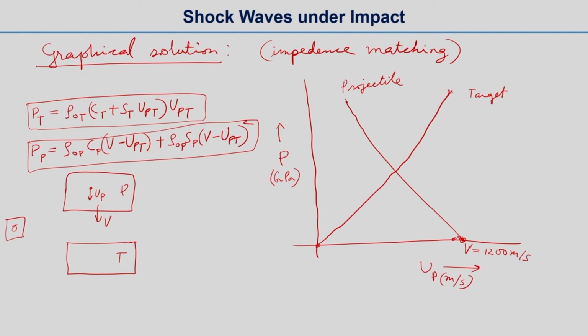For the projectile, when UP increases, the pressure will decrease, and for the target, with UP the pressure will increase. So, now the solution of this is the intersection of these curves.